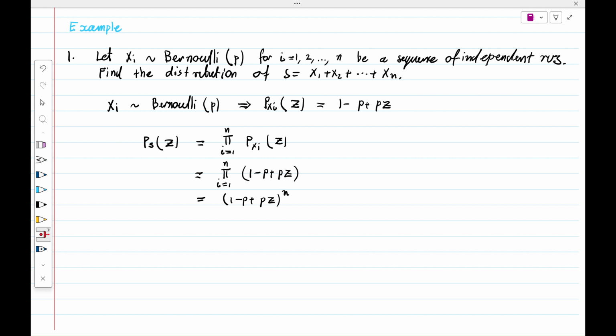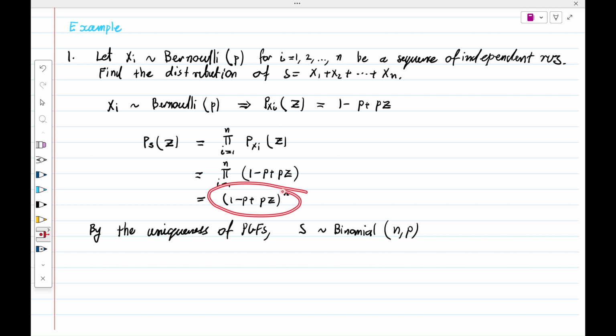Now, what you might recognize is that this is the probability generating function of a binomial random variable. And because PGFs are unique, we can say by the uniqueness of PGFs, S must follow a binomial distribution with parameters n and p.